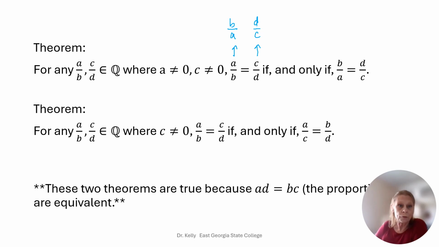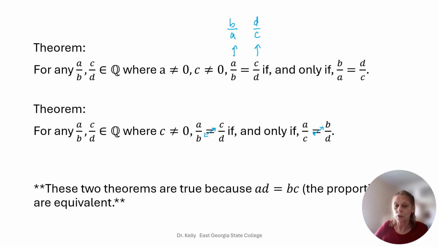Okay, the other theorem that goes along with this is the same idea, except for here you notice that the B and the C are changing direction. Now, this might be a little bit perplexing, and it might kind of seem like, how is that the same? But let's just check it out. We're going to check it out by doing some cross multiplication.